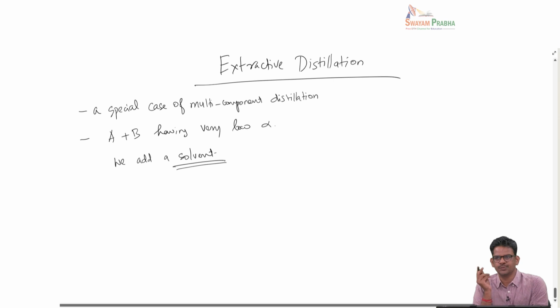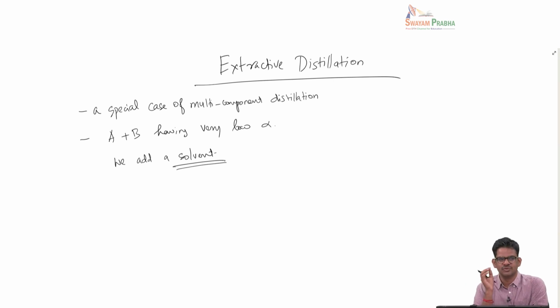In the case of azeotropic distillation, we add a third component and we call it an entrainer, so that the entrainer forms an azeotrope with one of the components. In extractive distillation, on the other hand, we add a third component and we call it a solvent, and the role of the solvent is to enhance the relative volatility of A to B.